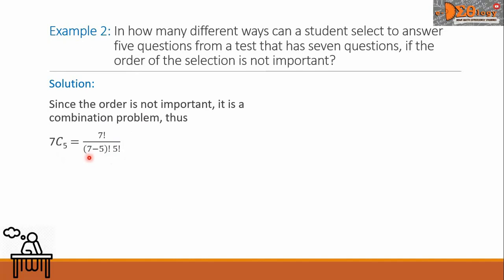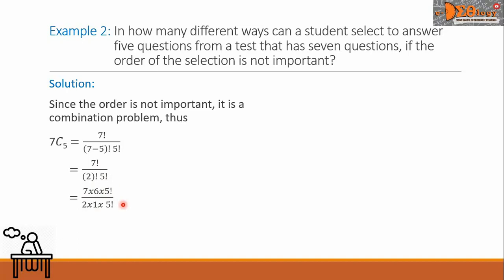Let us simplify the 7 minus 5. This is now 2. And let us now simplify the respective factorials. Our numerator can be written now as 7 times 6 times 5 factorial over the 2 factorial, which is now expanded into 2 times 1 times the 5 factorial.